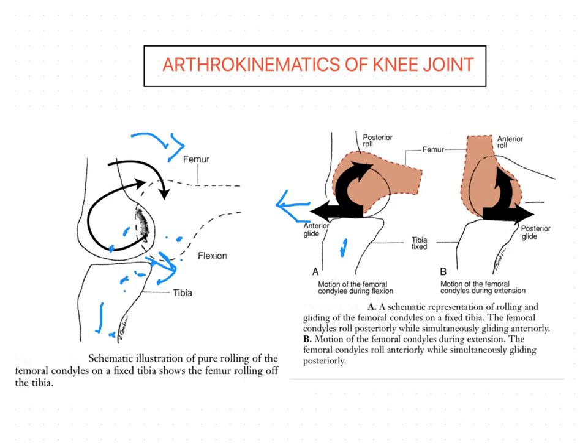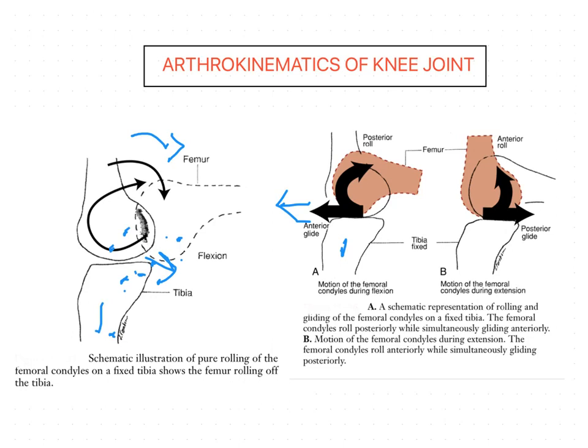As flexion continues, the rolling is accompanied by a simultaneous anterior glide, which is just sufficient to create nearly pure spin of the femur.